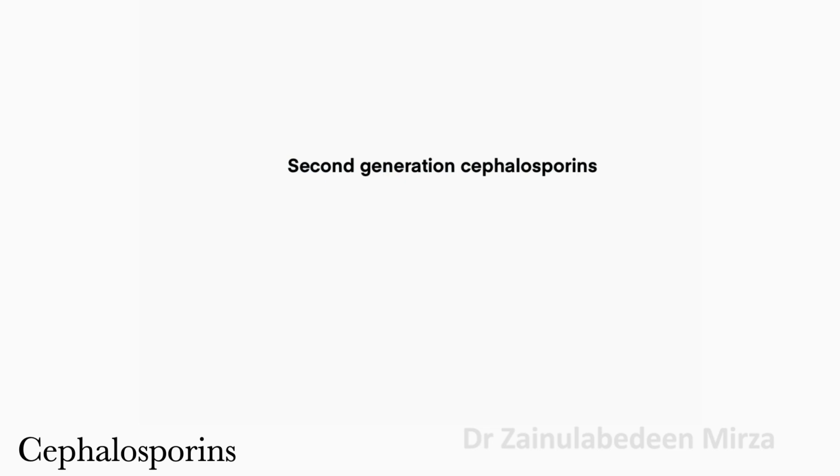Examples of second-generation cephalosporins are cefoxitin and cefuroxime.